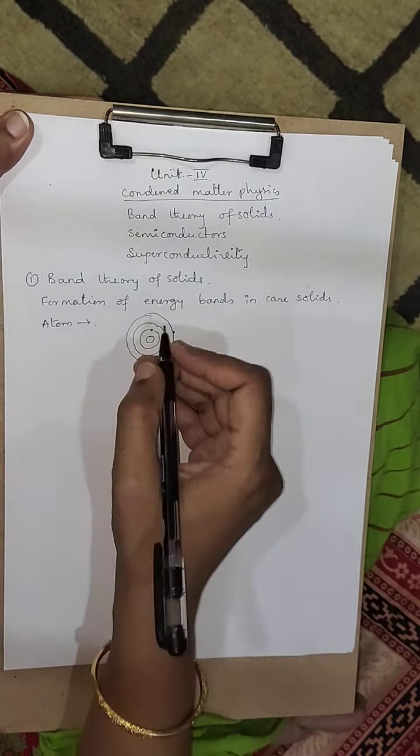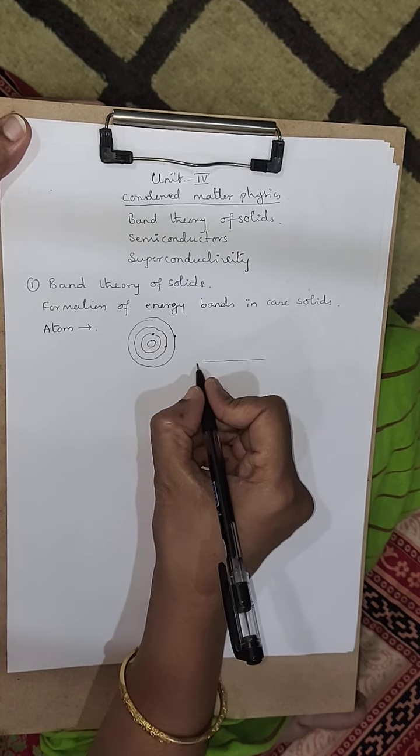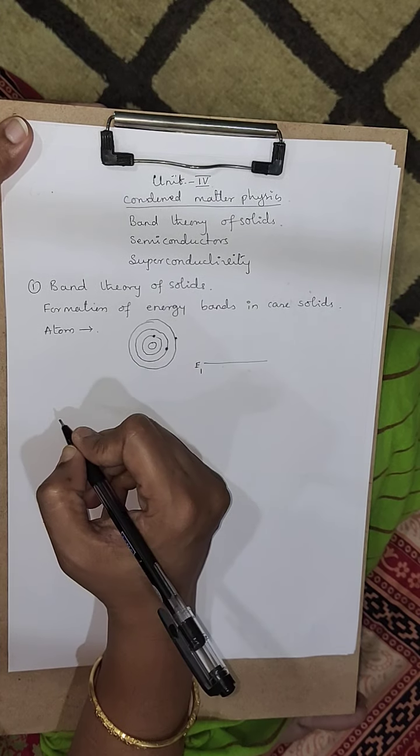For example, this electron has the lowest energy. We can show an energy level corresponding to this energy of the electron, and we call this the E1 or the ground state energy level. The energy of the next electron is a little higher.